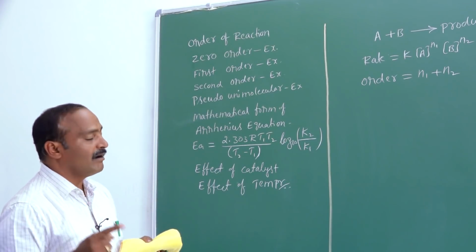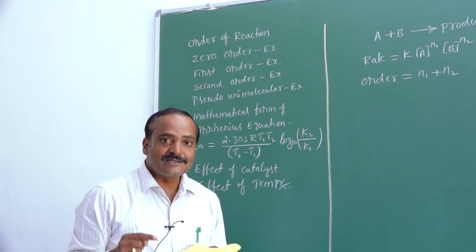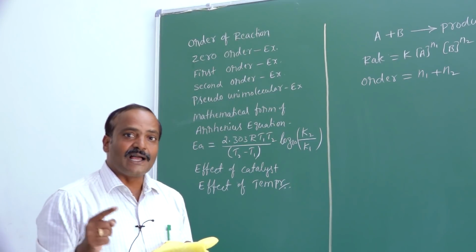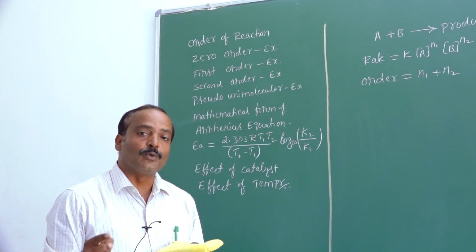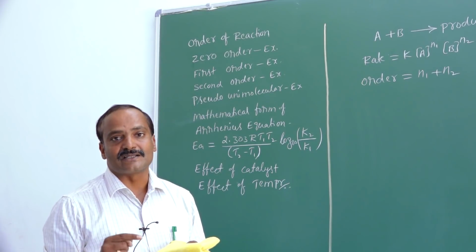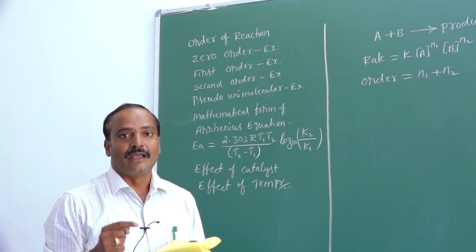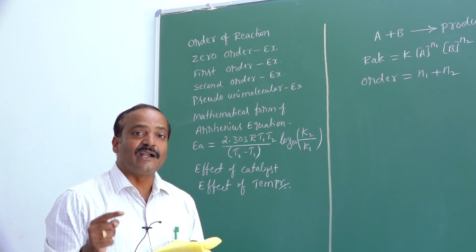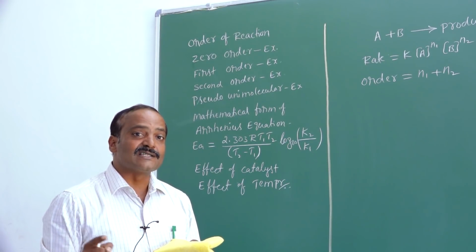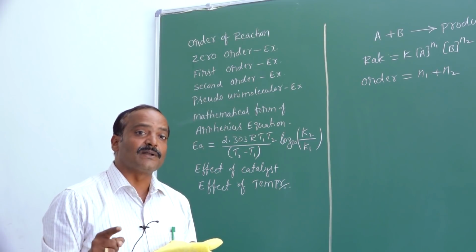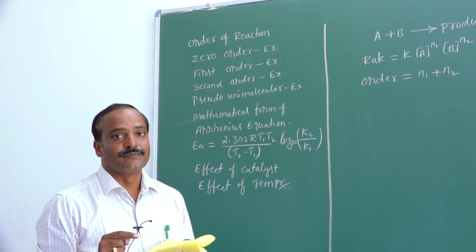What is second order reaction? A reaction in which the rate of reaction is directly proportional to the second power of the molar concentration of reactant is called second order reaction. Example: alkaline hydrolysis of ester.